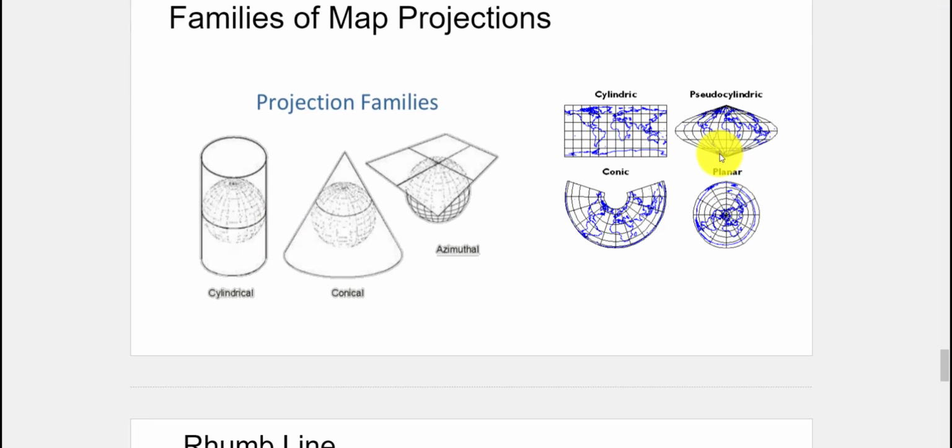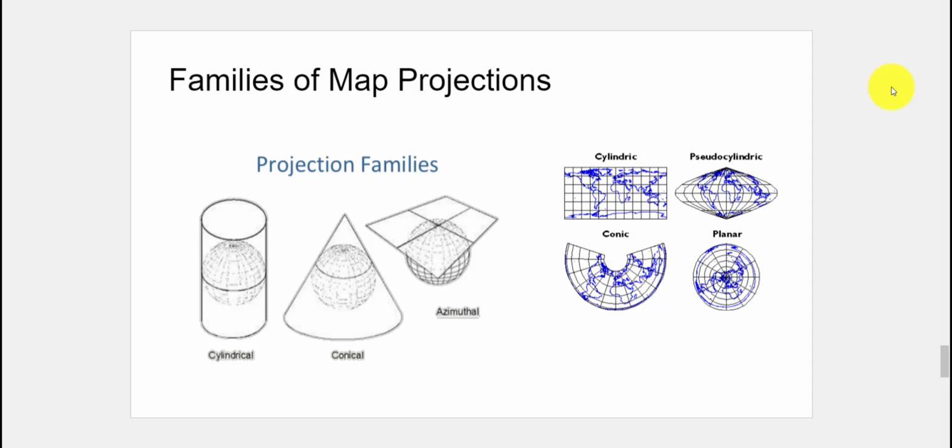In your lab, you will read about families of projections. I want you to imagine, as you look at the definitions, taking this diagram here as representing a piece of paper. If you were to roll a piece of paper around a globe, a cylindrical projection is going to look similar to this one that you see here. Everywhere that you would cut open this globe and unfold it and stretch it out is represented in the cylindrical projection.